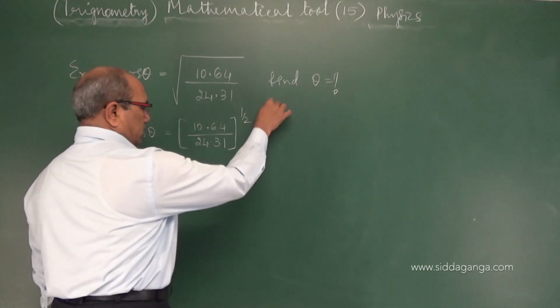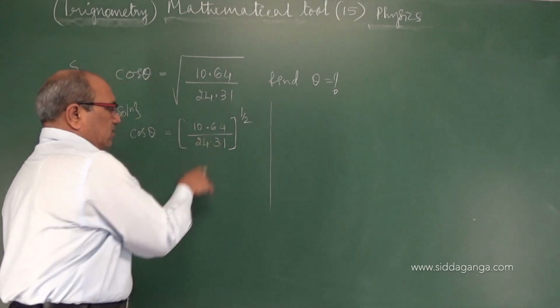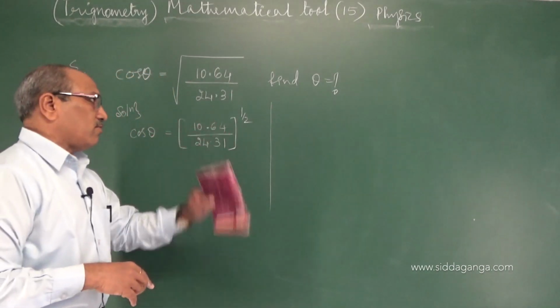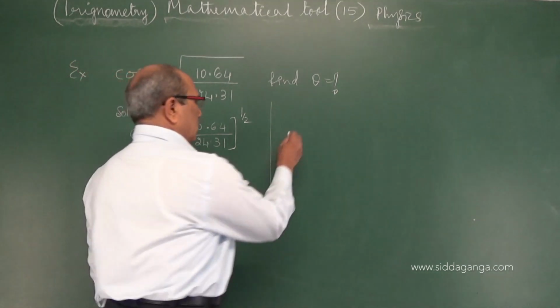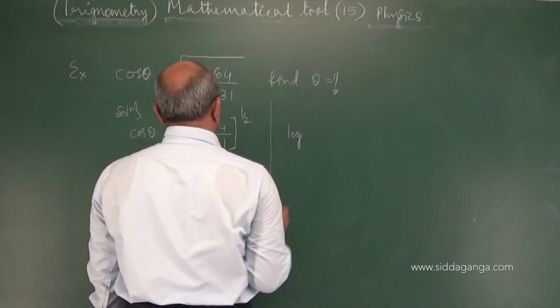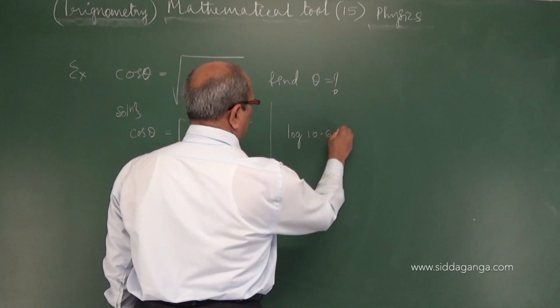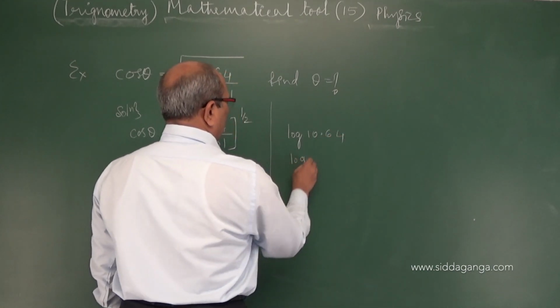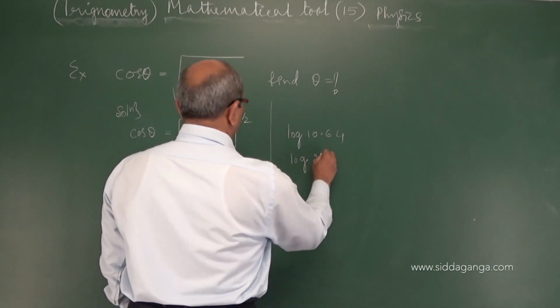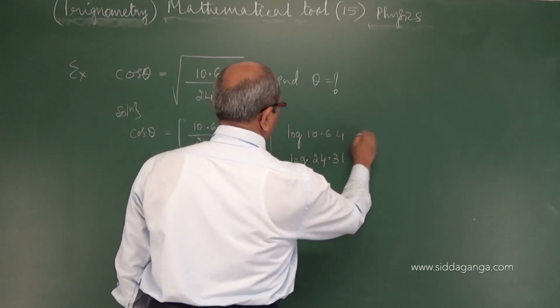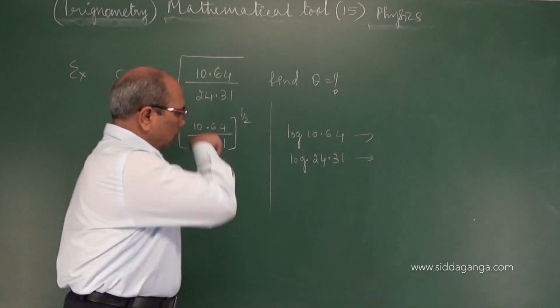So that means first you have to find the difference of those two and then divide by half. So let us see for this log of 10.64 and log of 24.31. First we have to see for both.